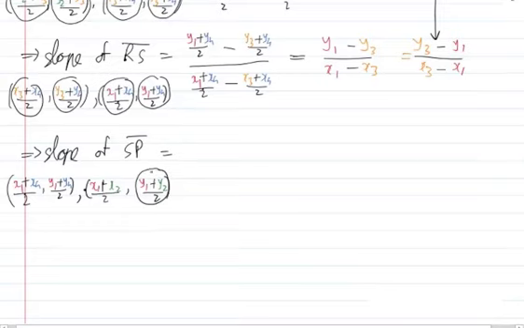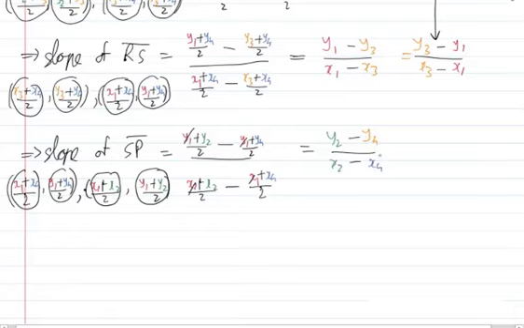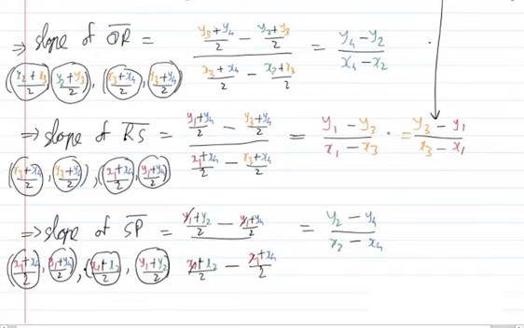Now just take the difference of y coordinates upon difference of x coordinates. Then the by 2 and y1 and x1 will cancel out, and we will get y2 minus y4 upon x2 minus x4, which is exactly equal, or we can say we can make them equal, right?